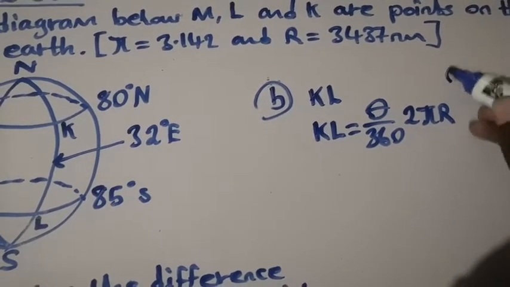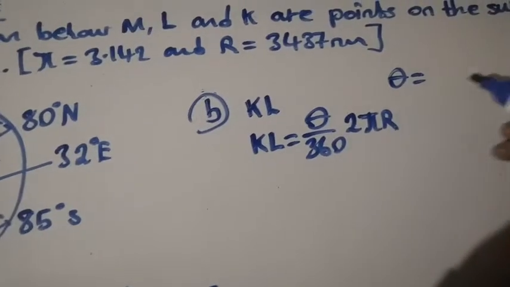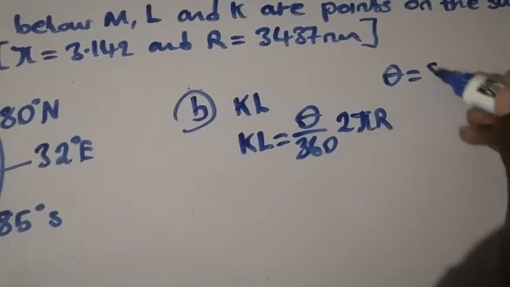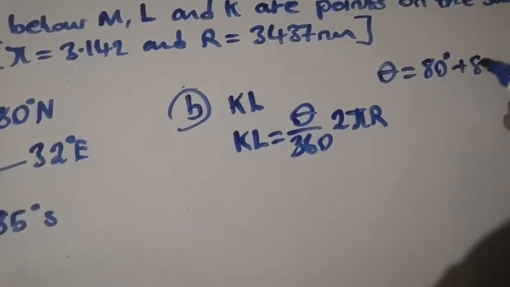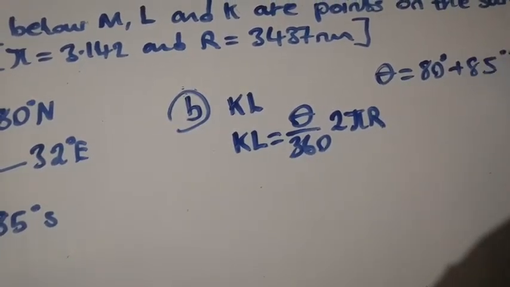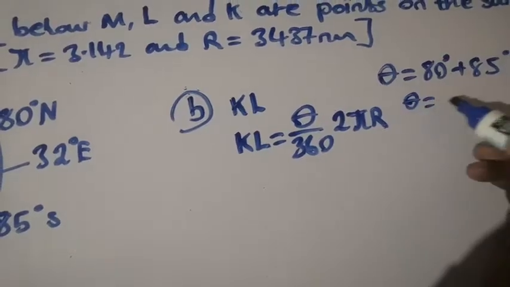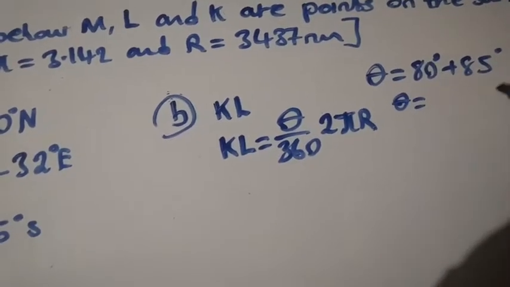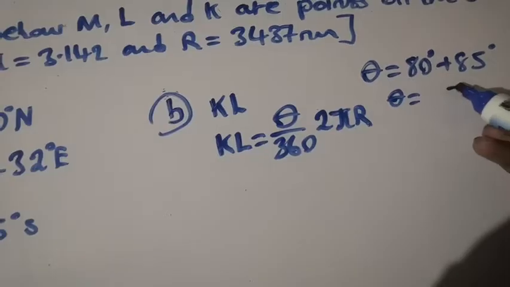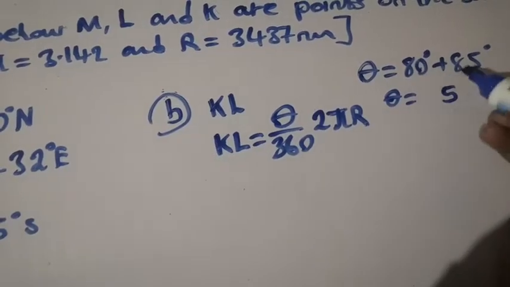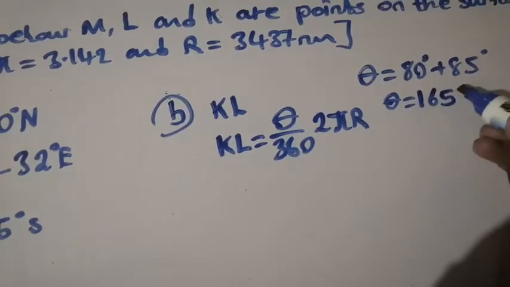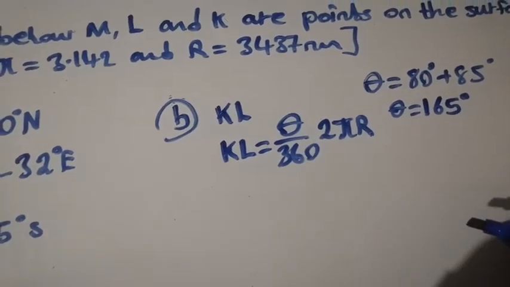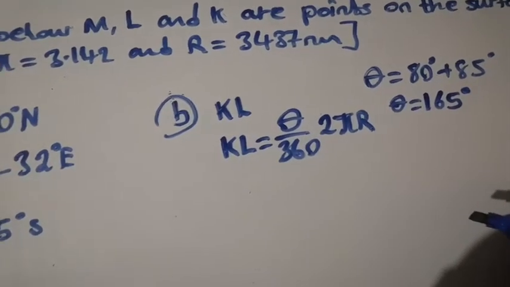So theta equals 80 degrees plus 85 degrees. 0 plus 5 is 5, then 8 plus 8 is 16, which gives 165. So 165 is the difference.